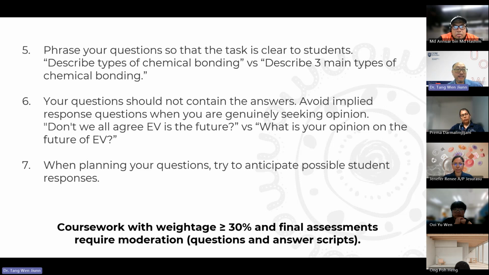For example, the first statement here: don't we all agree EV is the future? Versus: what is your opinion on the future of EV? So the first statement, don't we all agree EV is the future? It's like the setter of the question leans towards agreeing that EV is the future.